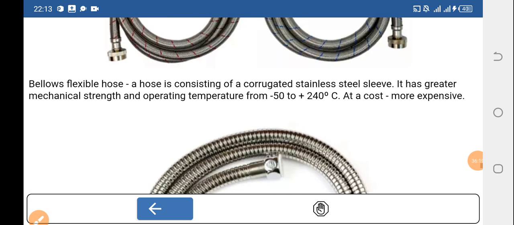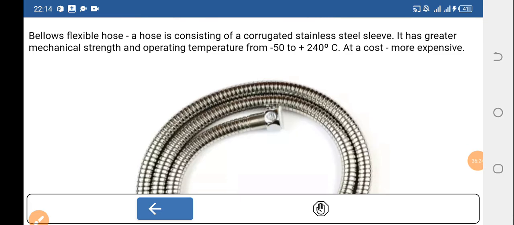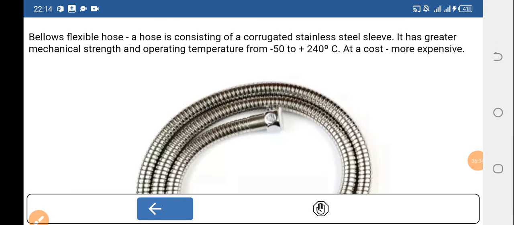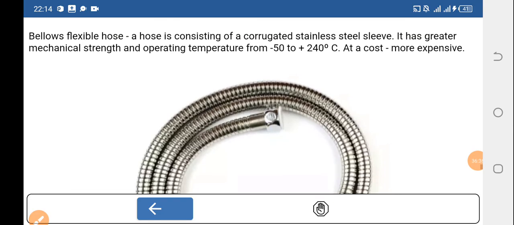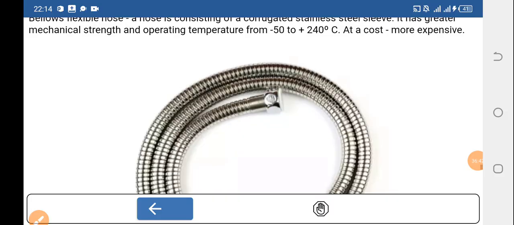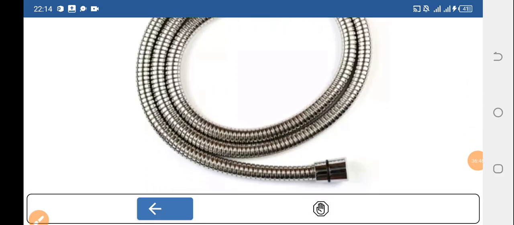Now we have another one, which is the flexible hose. A hose consisting of corrugated stainless steel. I think this one is common as well. It has greater mechanical strength and an operating temperature from 50 to 240 degrees, at a more expensive cost.